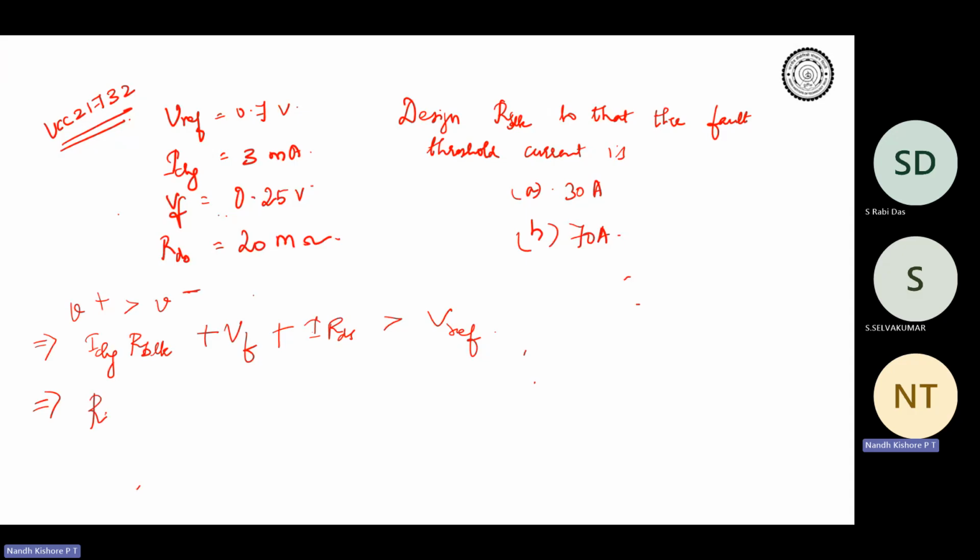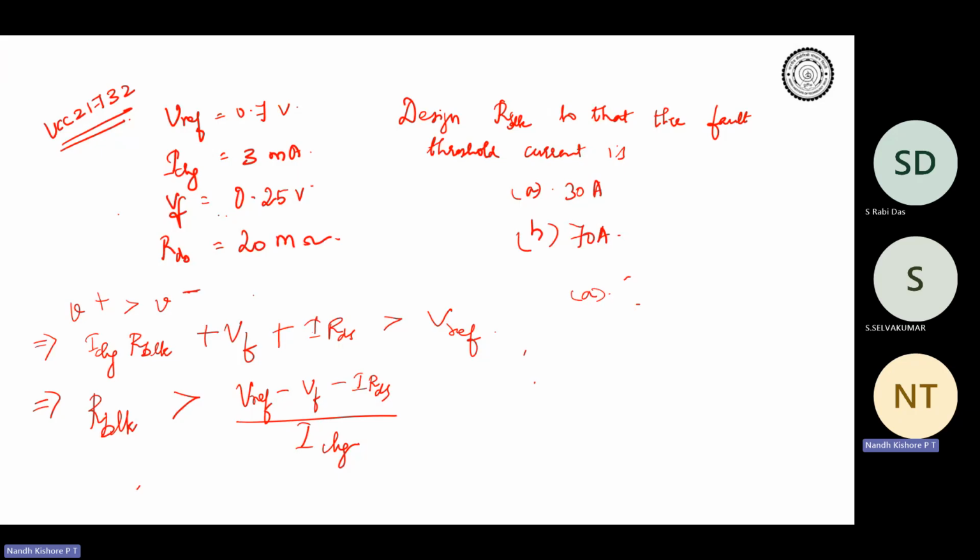Solving this inequality, RBLK should be more than (VREF minus VF minus I into RDS on) divided by I charge. Just substitute the parameters and you should get the answer.